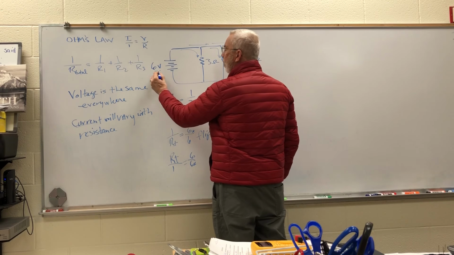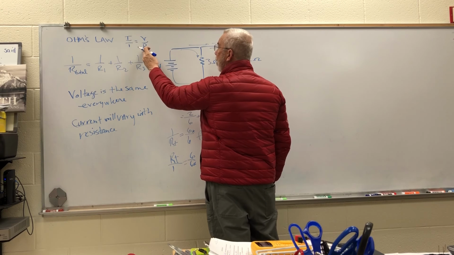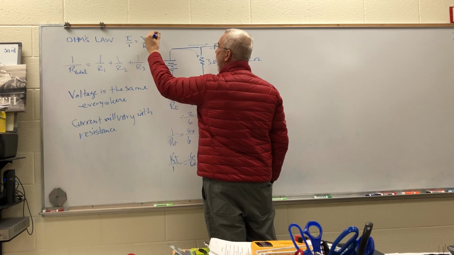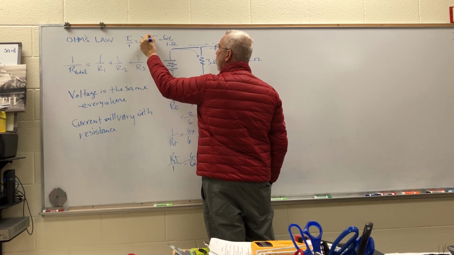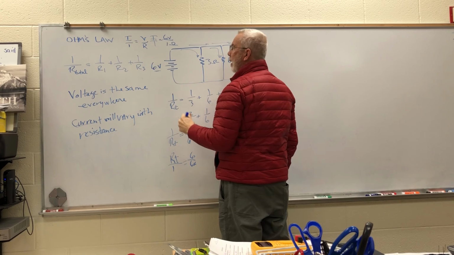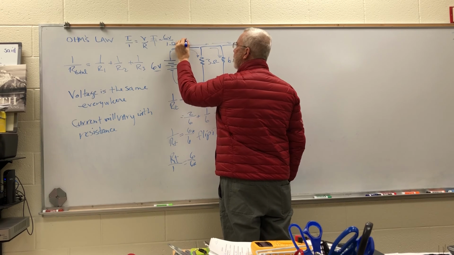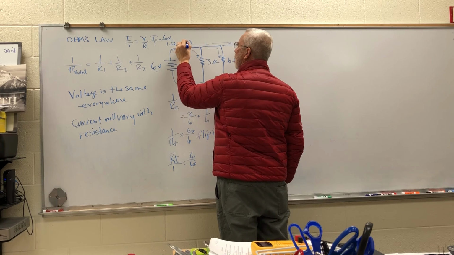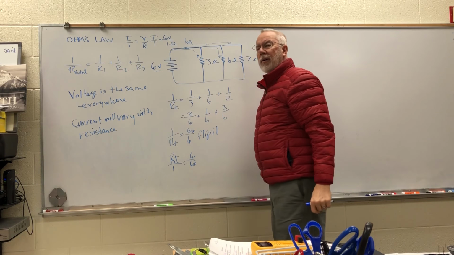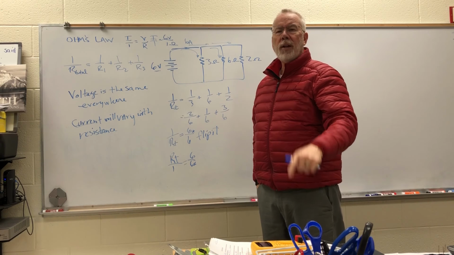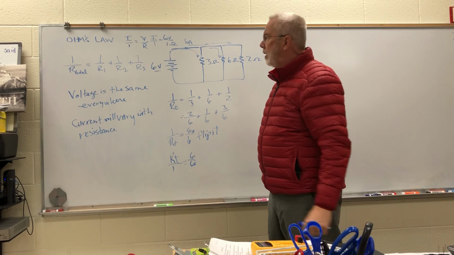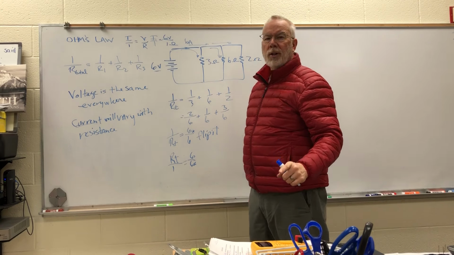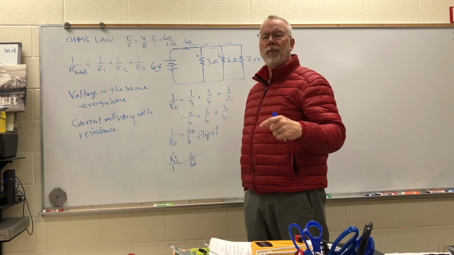We've got a 6-volt battery. So if we do Ohm's law, we've got 6 volts over 1 ohm is equal to I over 1. And so you've got 6 amps of current coming out of that battery. One thing that you should be aware of and that you should log away in your brain is that all parallel circuits usually end up with high current flows.